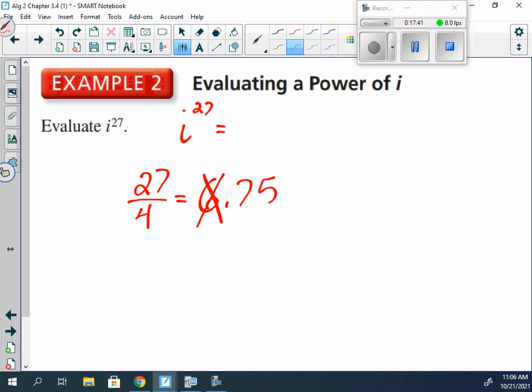Now we really don't care about the 6. The main thing we're looking at is the 0.75. 0.75 would be, so i to the 27th reduces to -i. That's it.